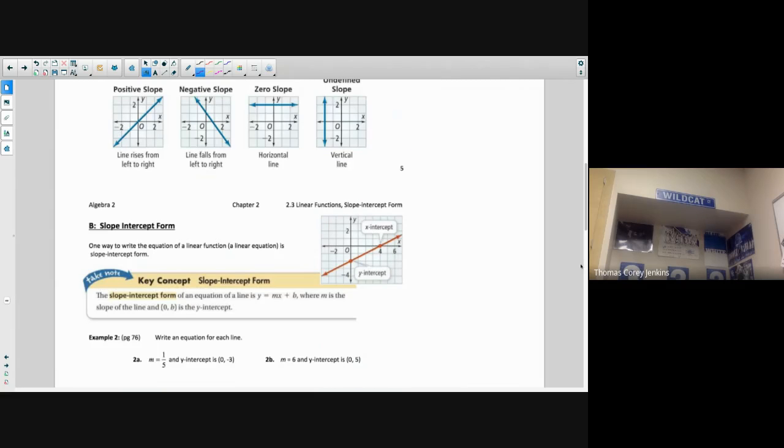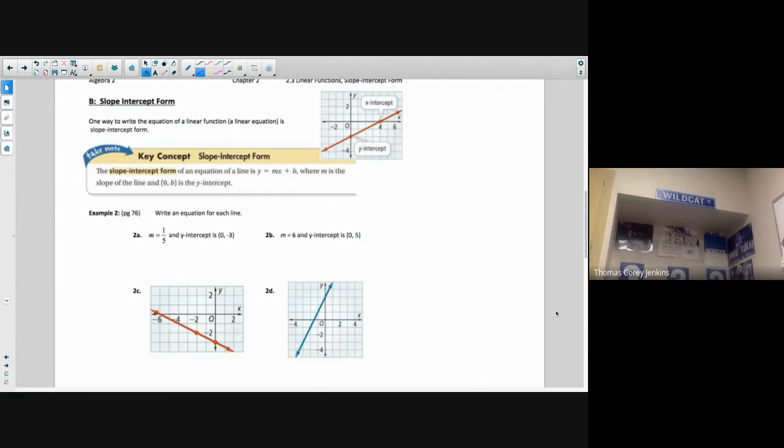All right, looking at example B, if we're given various attributes such as slope and the y-intercept, just plugging that into our equation. So our equation, slope-intercept form is right here, y equals mx plus b.